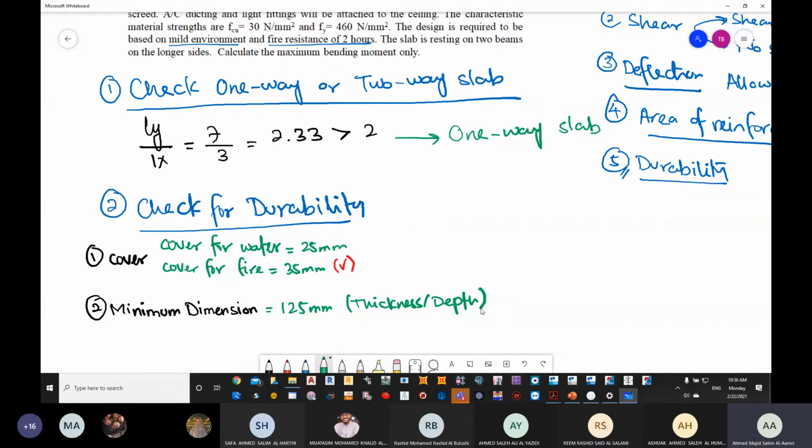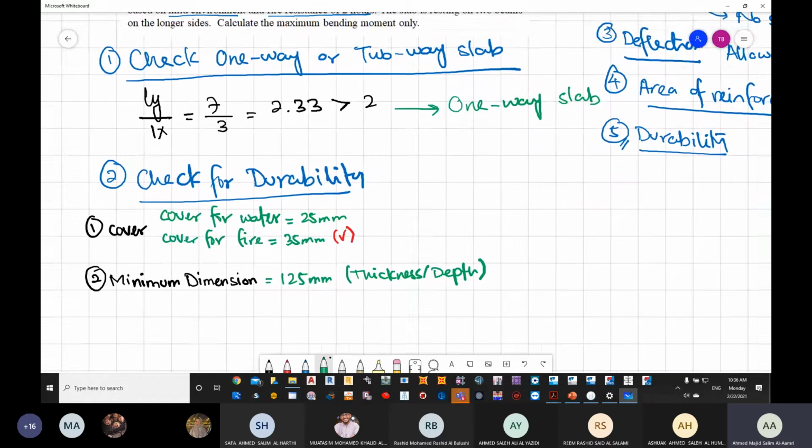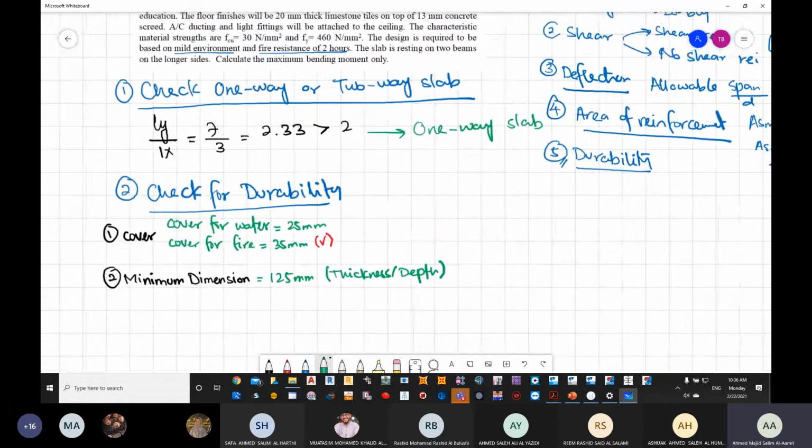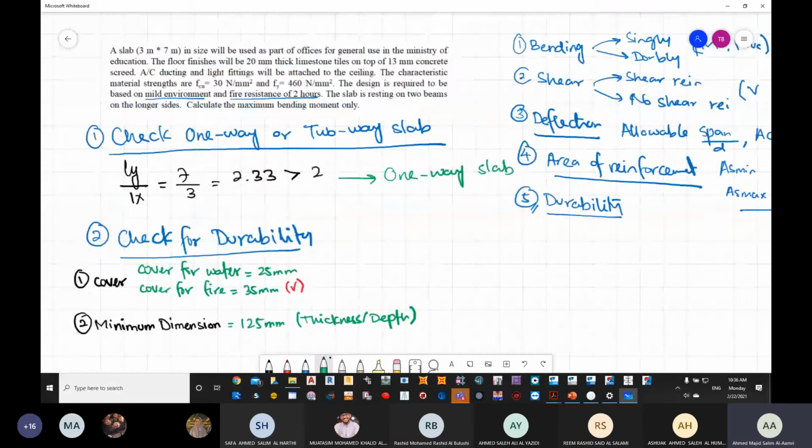Okay, so we check for durability. Now, after we check for durability, we are going to go and calculate loads, because after we have done the durability, I cannot have the bending check, the shear check, the deflection check, the area of reinforcement check, unless first we have the loading. So durability comes first. After that, we are going to go to the loading.